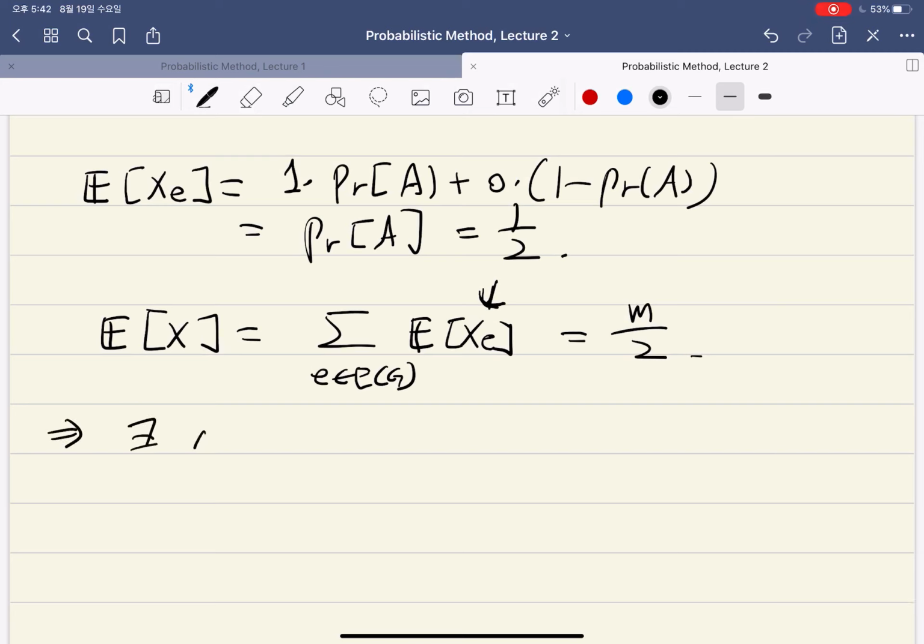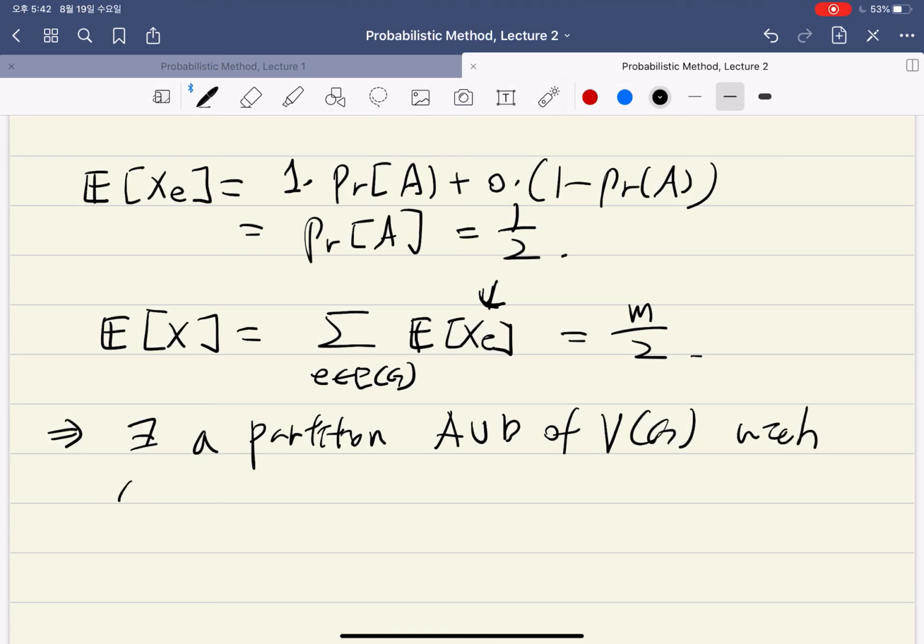So there exists a partition AB of G with at least M over 2 crossing edges. So that shows exactly what we want.